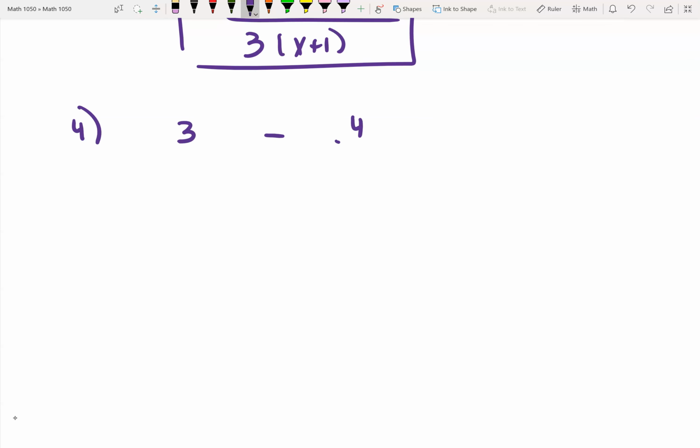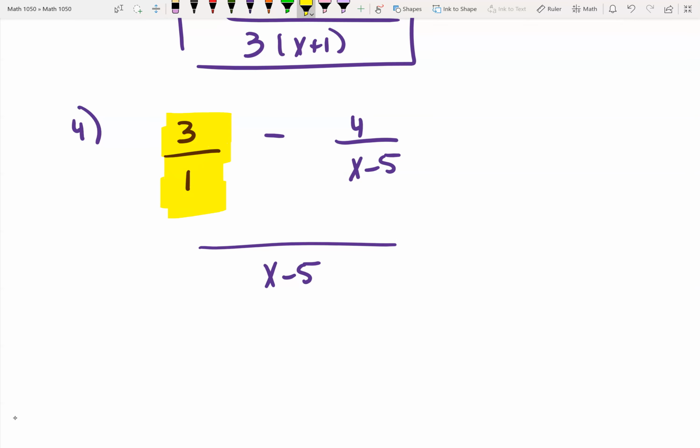Okay, example 4. Again, the second you realize you're adding or subtracting fractions, the first thing you say is, I must get a common denominator. This is 3 over 1. So the common denominator is x minus 5. This one does not have the x minus 5, so I have to multiply the top and the bottom by x minus 5.